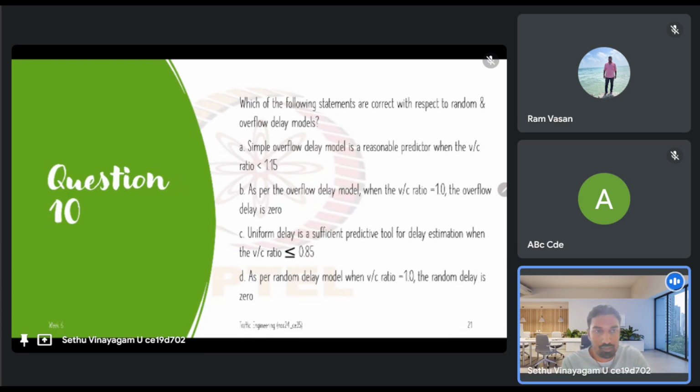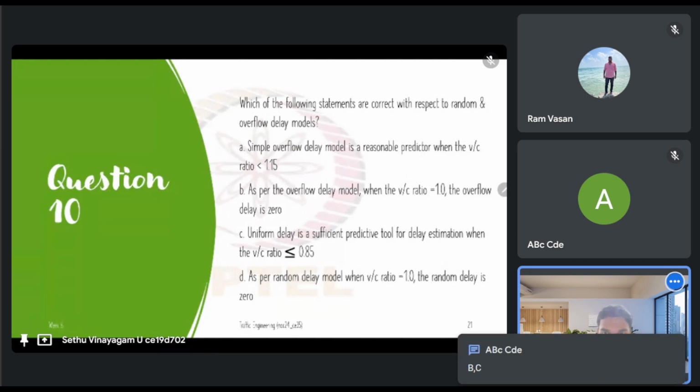Okay, option C. Again, there could be multiple options which can be correct. Okay, B and C. Any other answers?